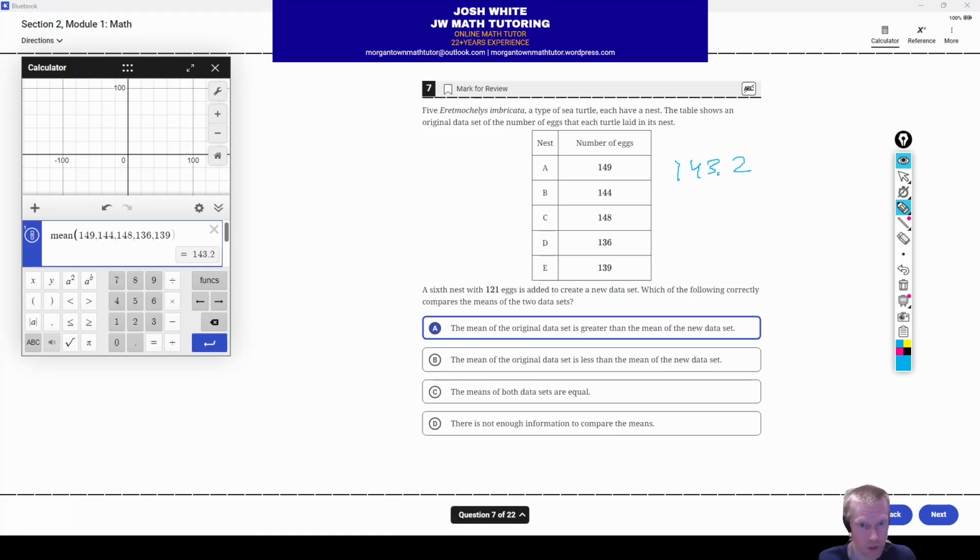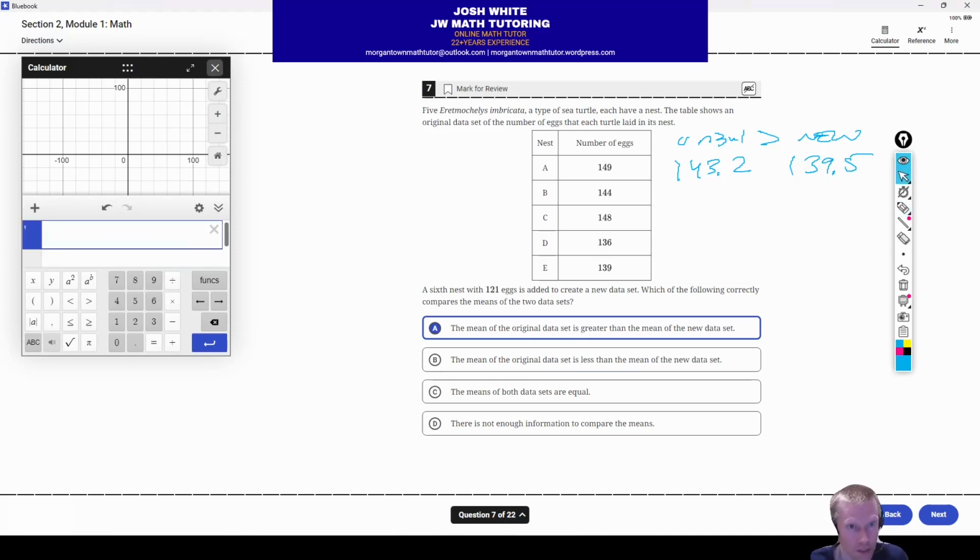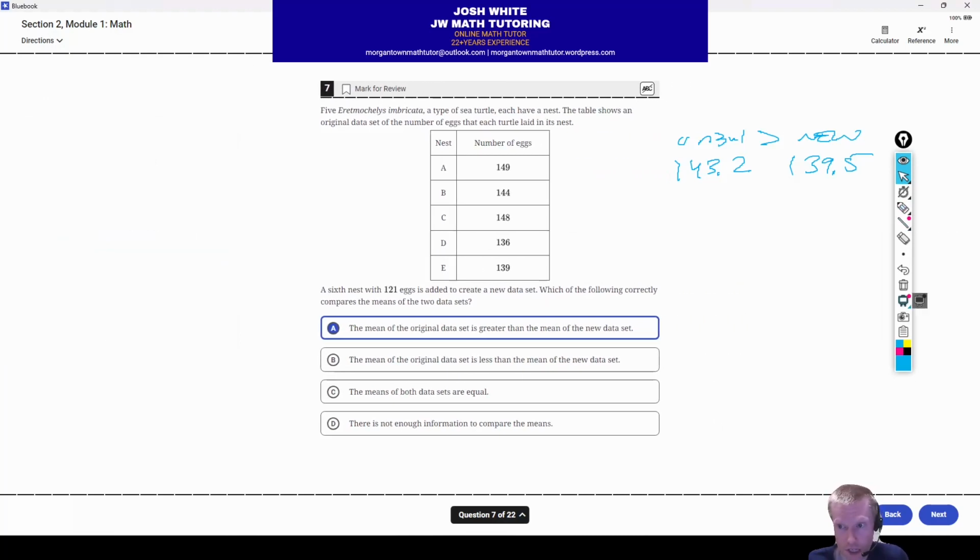And now all I have to do is add the 121. Okay, now it's 139.5. So we can clearly see that the mean of the original here is greater than the mean of the new. All right, and you can just, again, figure that out in Desmos, if you don't understand the theory behind it.